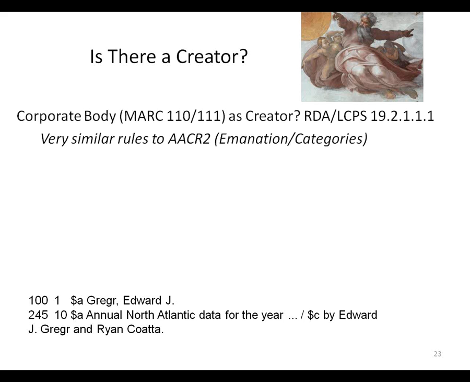The rules for corporate body creator are very similar to the AACR2 rules. In fact, that LCRI was pretty much taken whole cloth, and AACR2 was pretty much taken whole cloth and transferred into RDA 19.2.1.1.1 that you see cited up there.